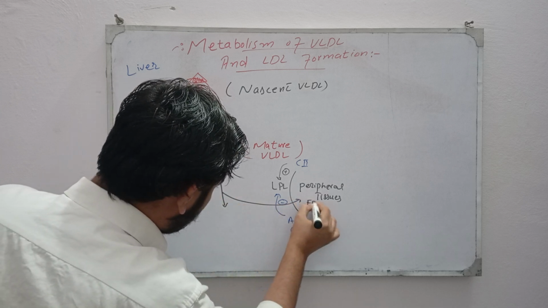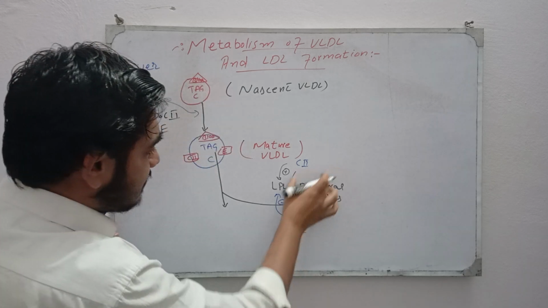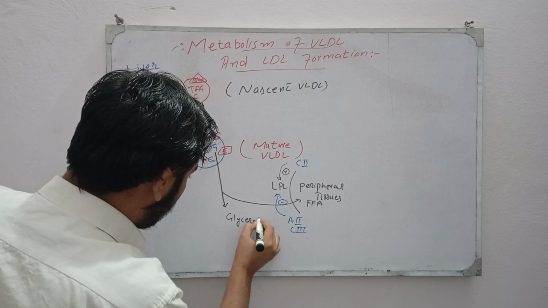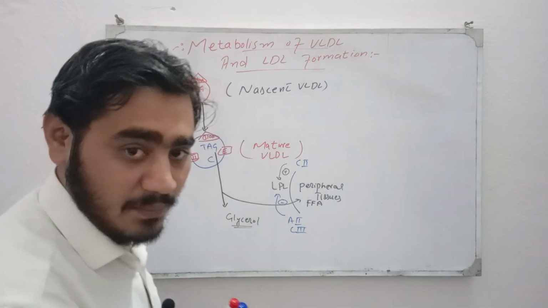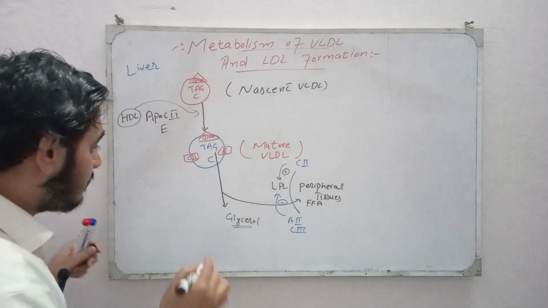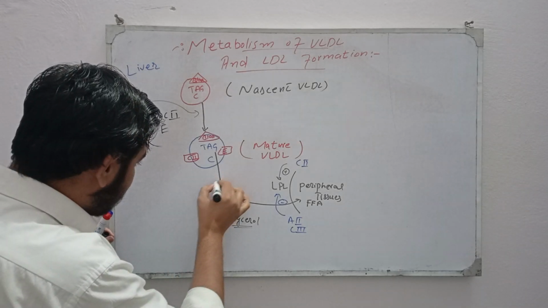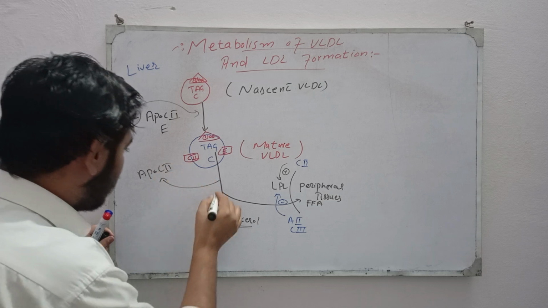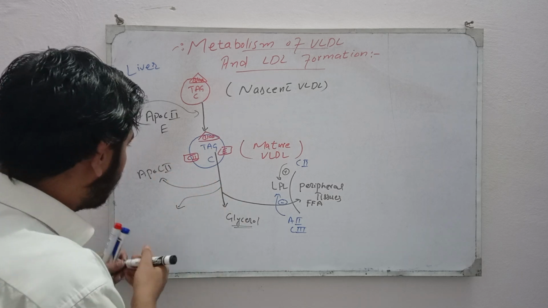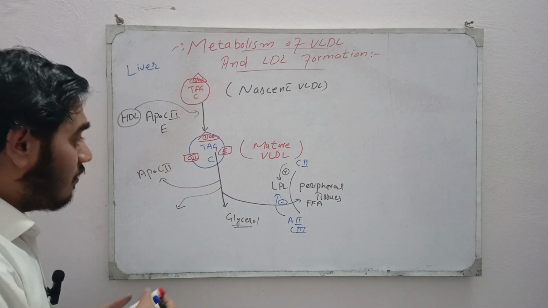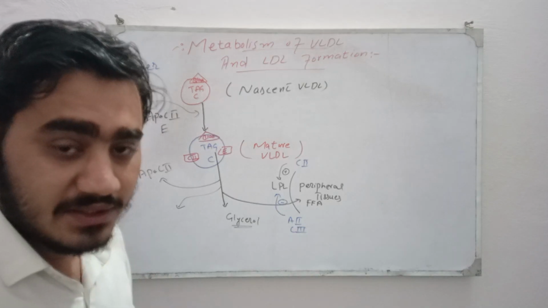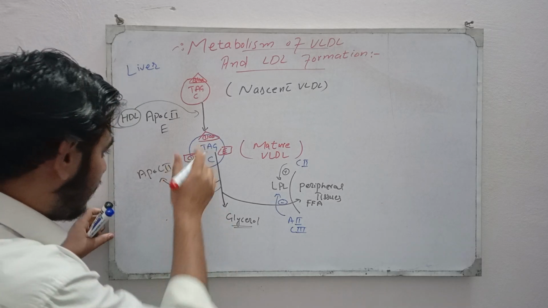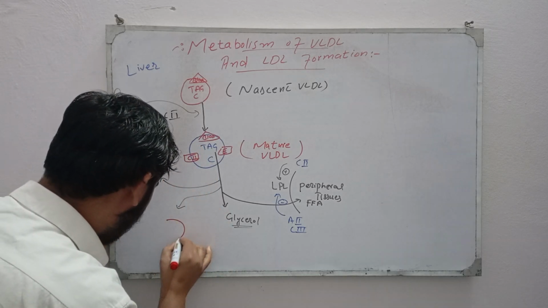This lipoprotein lipase enzyme causes the breakdown of triacylglycerol molecules and converts them into free fatty acids that are utilized in peripheral tissues, and glycerol, which is taken up by liver for further metabolism. There is loss of ApoC2 protein and it converts into VLDL remnants, leading to a reduction in the size of VLDL.